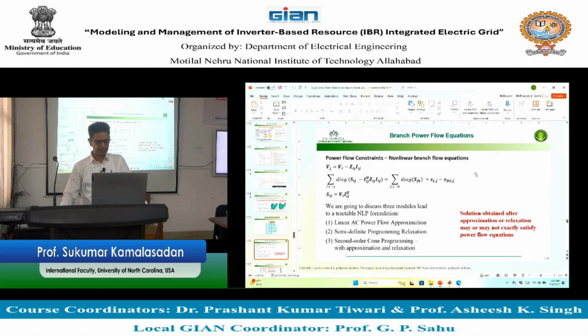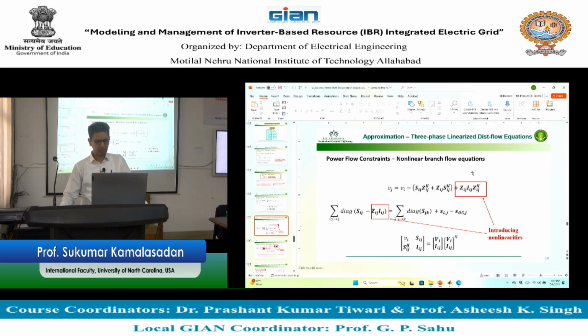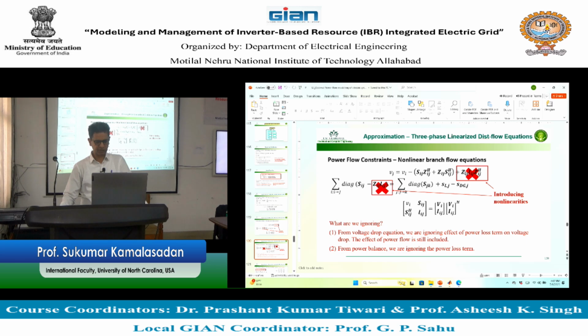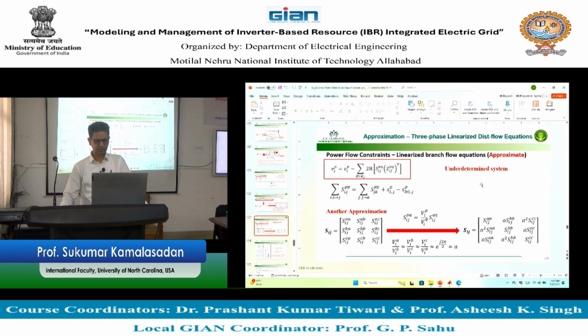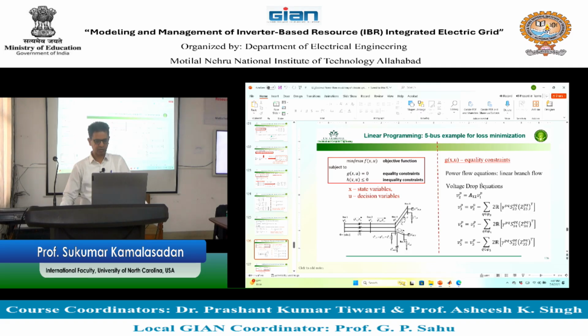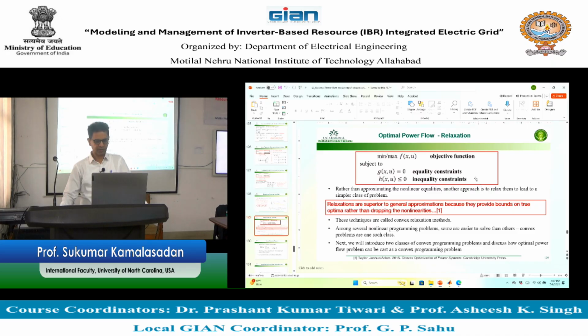So you can see that for the optimal power flow we talked about three different variations. One is when the losses are ignored, and that is called linearized distribution power flow. Then the next one is you can run that through relaxation models.